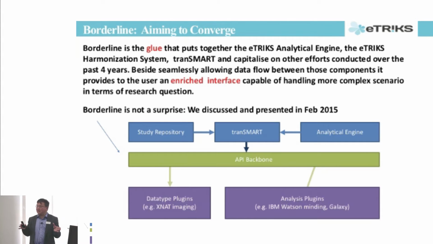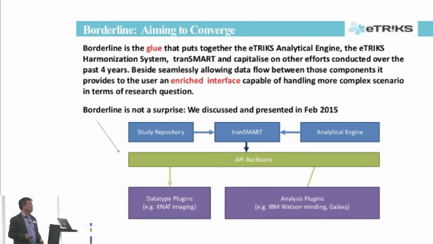So it's a group to put together each analytic engine, each combination system, EHS, Transmart, and the other efforts together. But this is really to provide an environment with also a wide, enriched interface. So different users will have different choices, use different systems for different work, but within one environment.